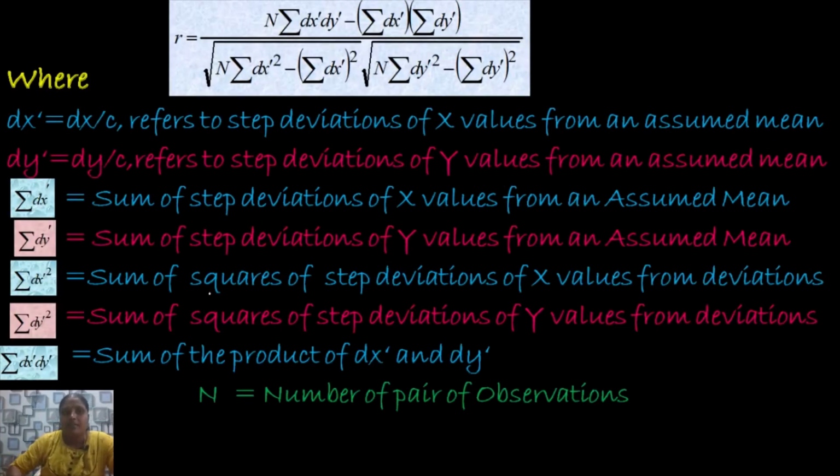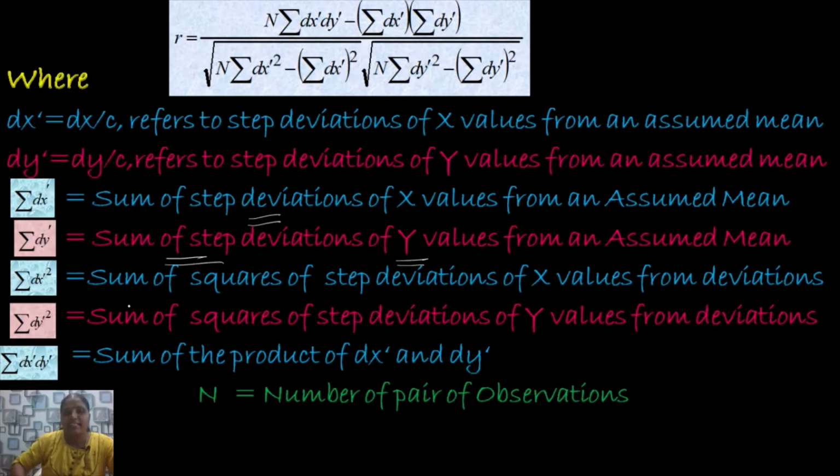Here dx dash refers to dx over some constant c, that is, the step deviations of x values from an assumed mean. Dy dash refers to dy over some constant c, the step deviations of y values from an assumed mean. Sigma dx dash is the sum of step deviations of x values, and sigma dy dash is the sum of step deviations of y values.